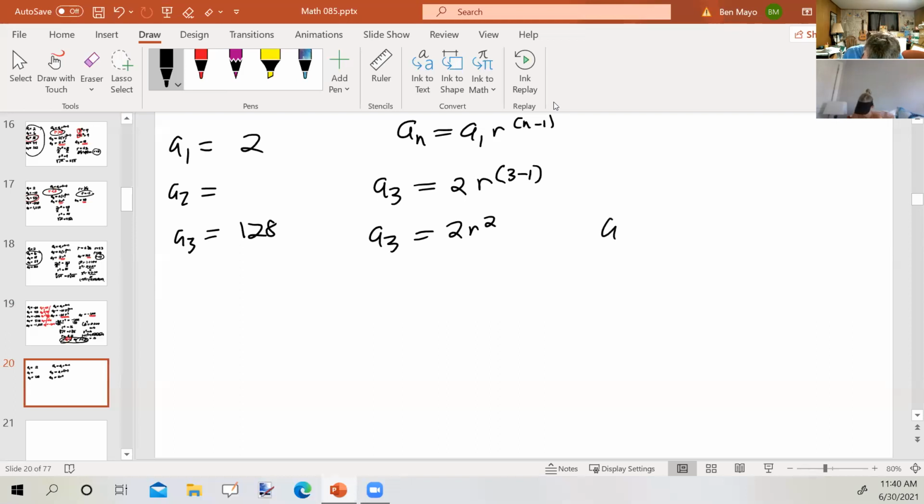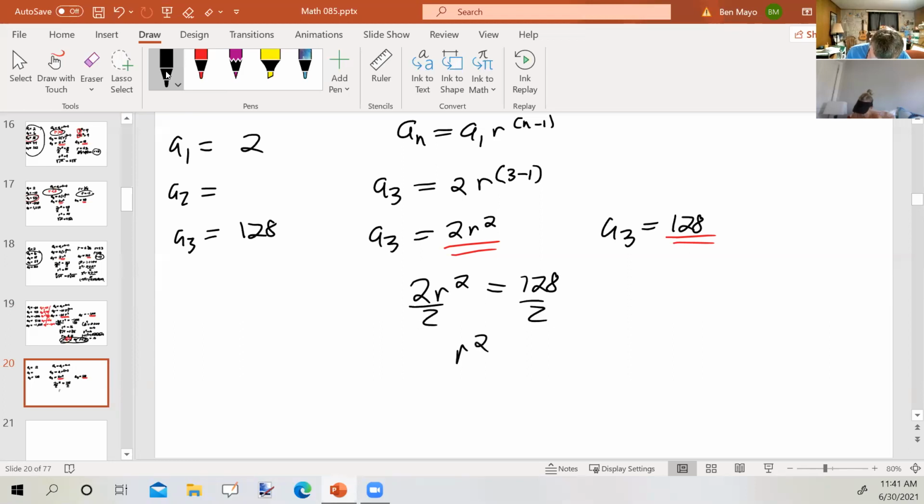But I also know that a sub 3 equals 128. Therefore, 2r squared equals 128. If this looks a lot like the last problems, it is. We've got that concept of, today is Wednesday, today is hot, therefore Wednesday is hot. Two different ways of describing a sub 3 gives us the following equation.